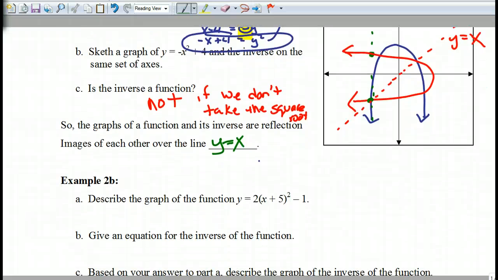Next, I want to talk about this function right here. What is the parent function of this one? Yeah, y equals x squared. And what does that usually make when you graph it? It's a parabola, right? Based on this, how does the parabola change from the parent function? Yep. It's a vertical stretch of what?